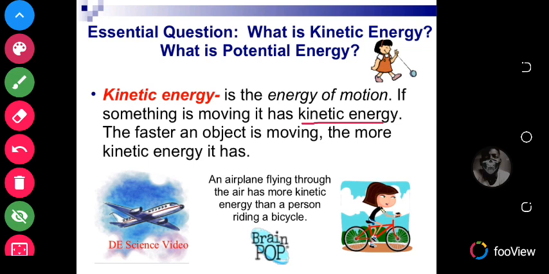The faster an object is moving, the more kinetic energy it has. So an airplane flying through the air has more kinetic energy than a person riding a bicycle, because it takes a lot more energy, considering its weight, for an airplane to move in the air than for a bicycle to move on land.